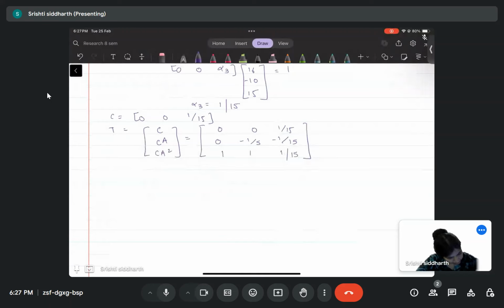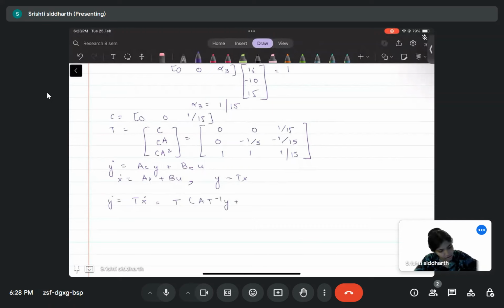Alright, so y dot is simply T x dot, which is T A T inverse y plus T B u, and you can see that this is AC and BC.